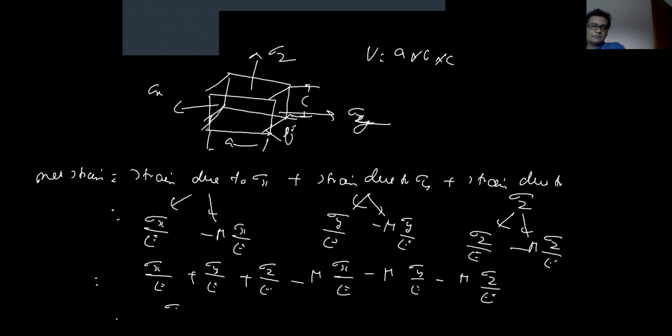So we can take this factor outside, and finally we can find that it will be like 1 minus mu, right?